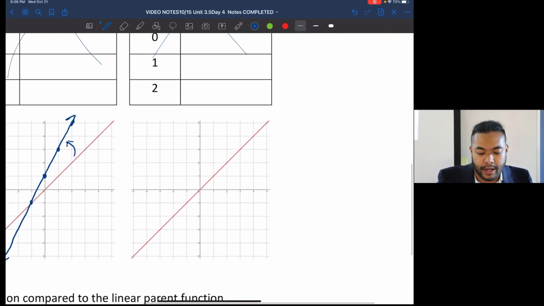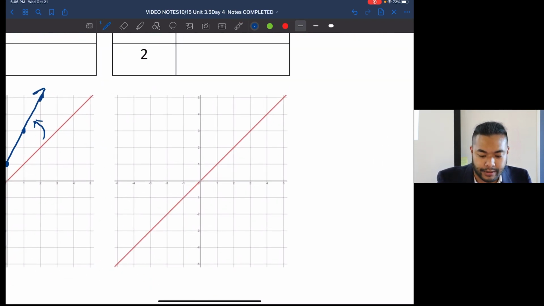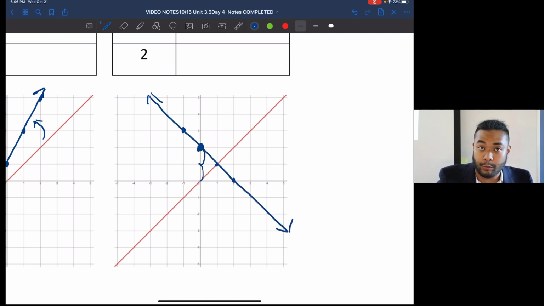So let's move my y-intercept up 2 first. So up 1, up 2. That's my new y-intercept. And now my slope will go from 1 to -1. So it doesn't get steeper or flatter, but it does flip and reflect. So down 1 over 1, down 1 over 1, up 1 to the left 1. And it looks like this.